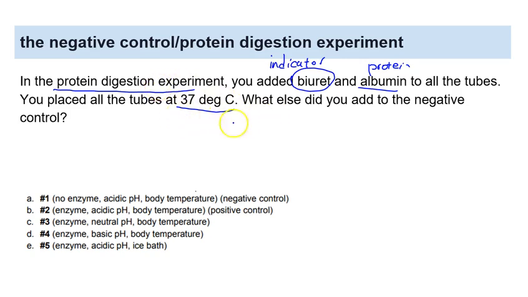So our negative control has the biuret, the indicator, the albumin, and then we added the water also to make sure that we have a negative control. So what else did you add to the negative control? It was water.